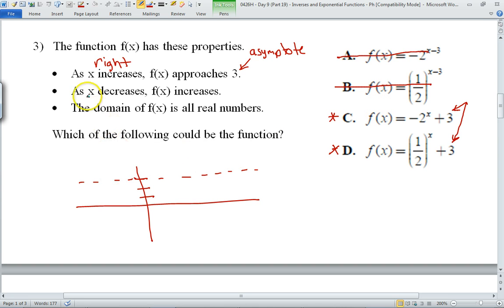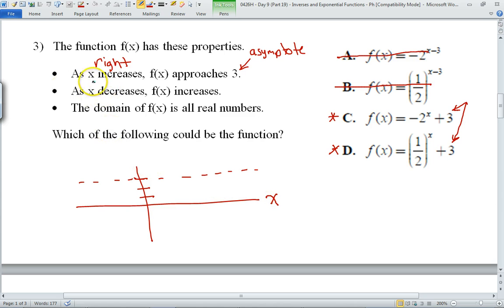Now, it says x decreases. As we go to the right, it approaches 3. As x decreases, f of x increases. So look, this is the x-axis. So when they talk about x increasing, they're talking about moving to the right. This would be x increasing.